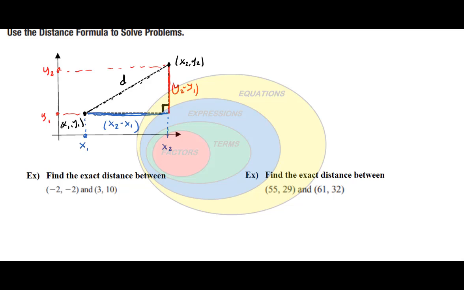So again, the Pythagorean theorem tells us that the sum of the squares of the legs is the square of the hypotenuse.